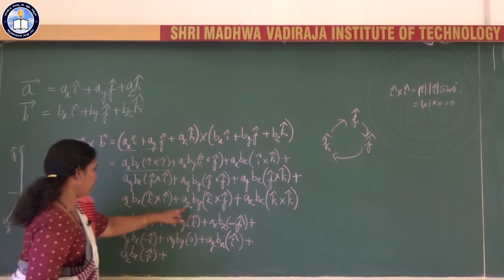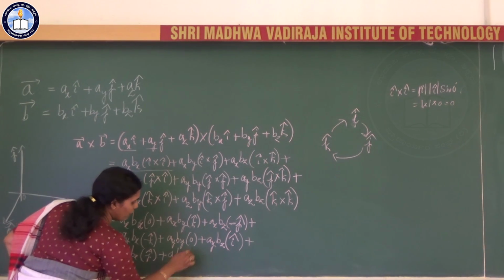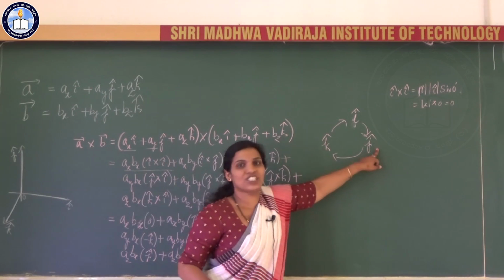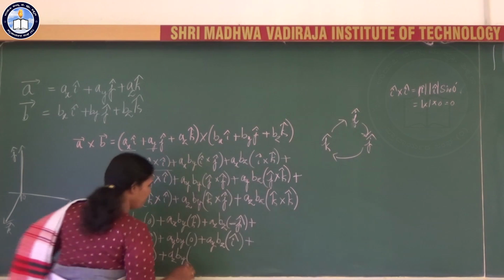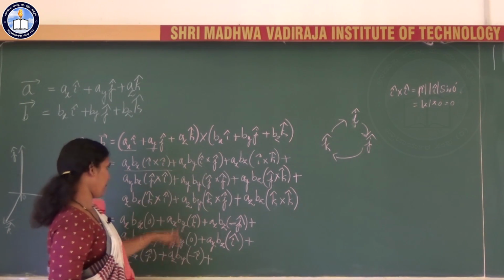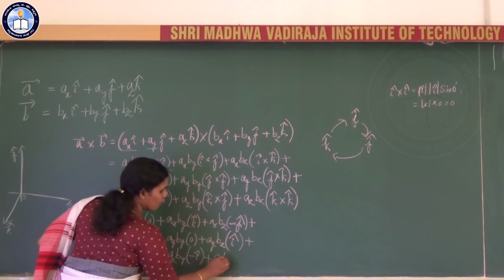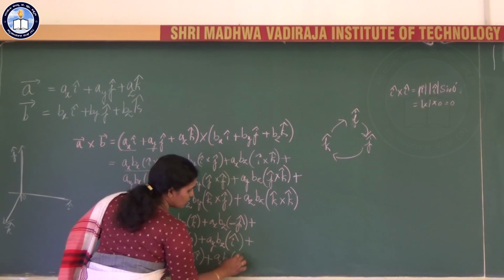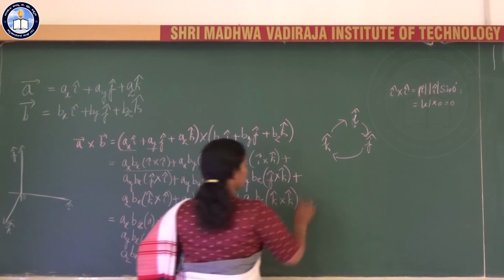Plus Az by, k cross j, not moving in the cyclic order, so k cross j equals minus i cap. Plus Az bz, k cross k, which is again 0. You know that. So let me continue it here.